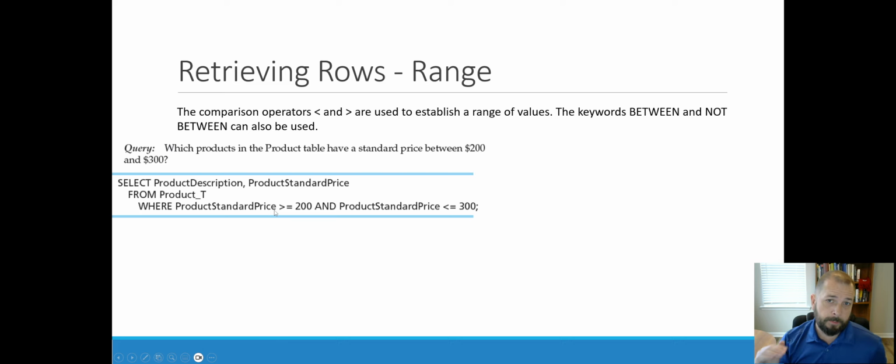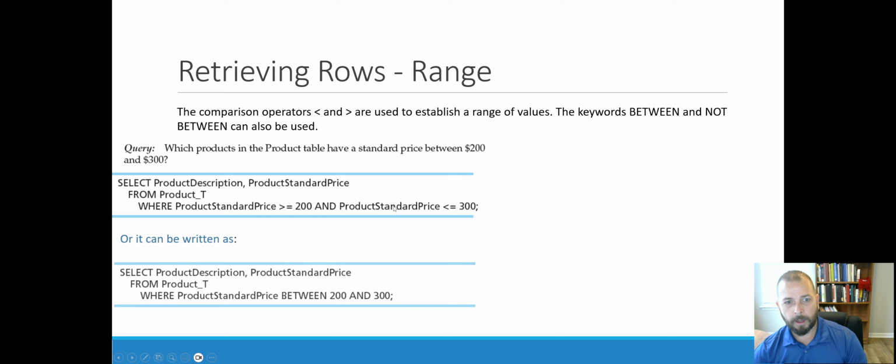Perfectly good statement, perfectly good result. This should return any product descriptions in the product table that are in this particular range between $200 and $300. But I can also use these keywords BETWEEN and NOT BETWEEN to write this, in which case in my WHERE clause I have the product standard price BETWEEN 200 AND 300. So I can use these keywords in my WHERE clause and get the same result.